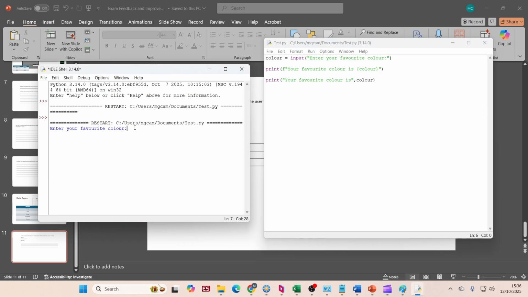There it is. Blue, whatever. Your favorite color is blue. So they both work and they both get the marks, and you might think that's easier, but the problem is, what if I then want more words like "okay" or something? Now I've got to put another comma, then that, and then I might want another variable like "hi", and it can get quite annoying. So I highly recommend you do it this way. But yeah, that's the answer to that one.